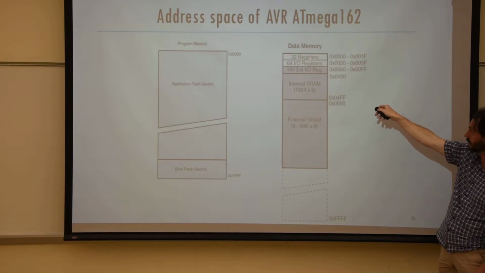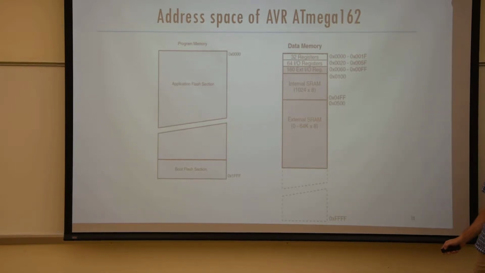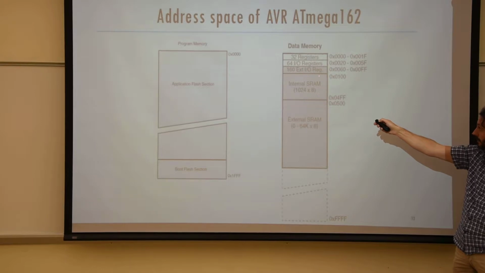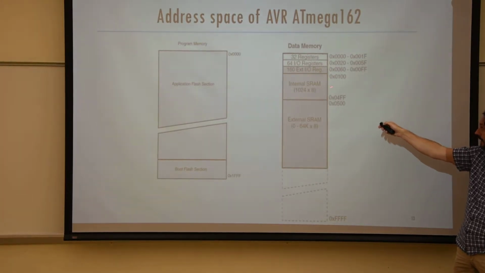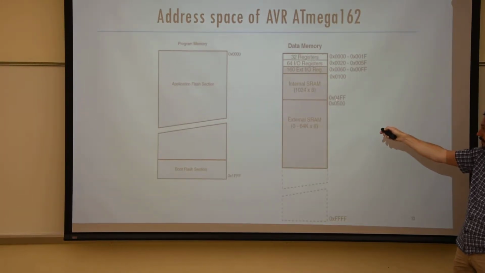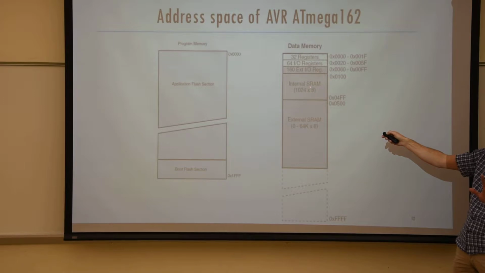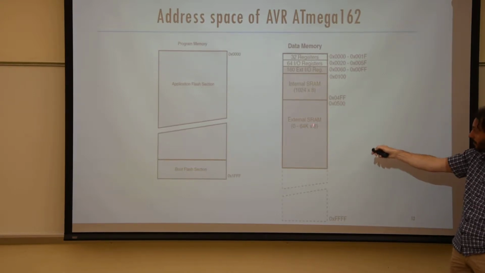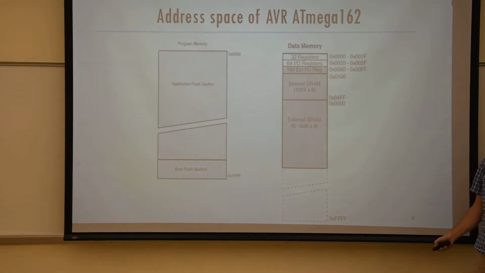You have 32 registers over here with the pointers that you need for the different interrupt service routines. Then you have the 64 I/O registers. You have other kinds of stuff, internal SRAM, and this amount of memory you should not touch. This is what the MCU is actually using. And then you have external SRAM, which is all the rest that you can use as a programmer.